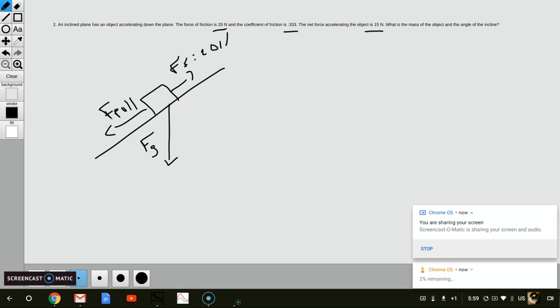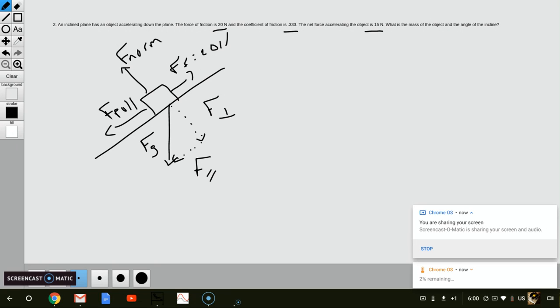Now, with what we've got right here, your first step on these problems is always find force perpendicular and force parallel, right? Because force perpendicular is the normal force, and the parallel force is F pull.